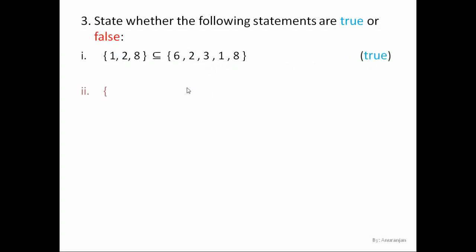Next, {x such that x is an even number} is a subset of {x such that x is an integer}. Now even numbers are like 2, 4, 6, 8, and integers include all the numbers, positive and negative.